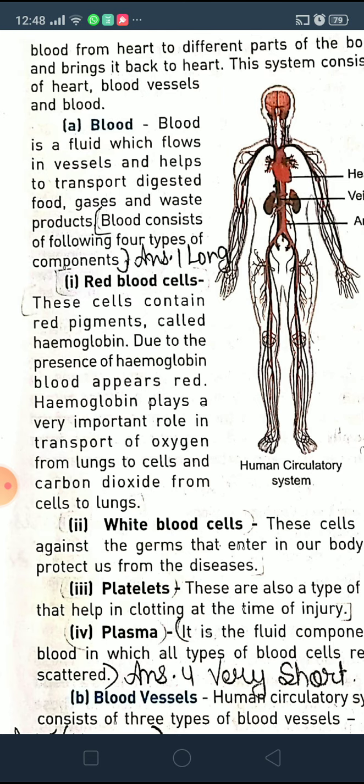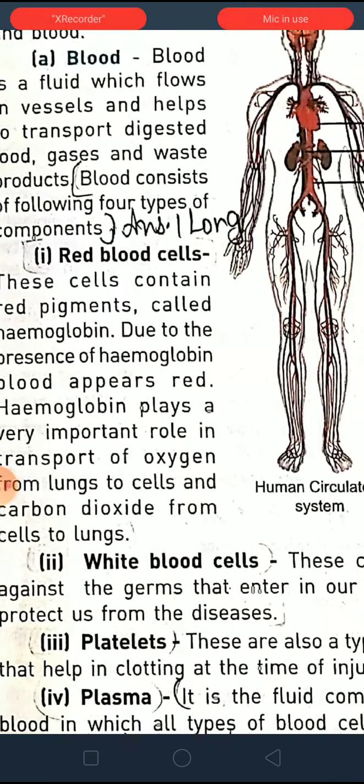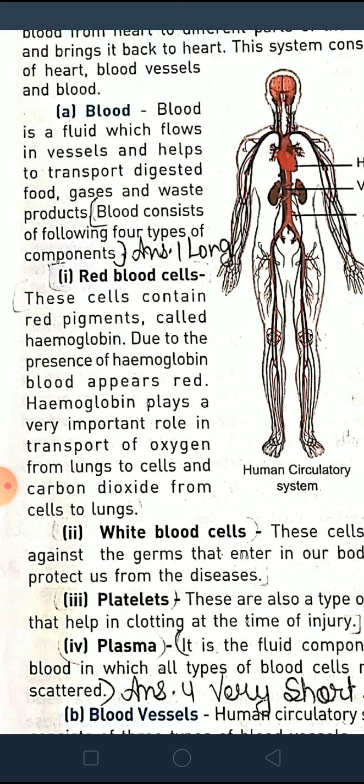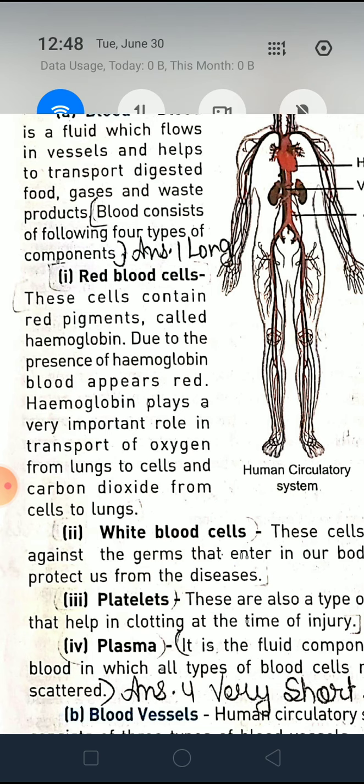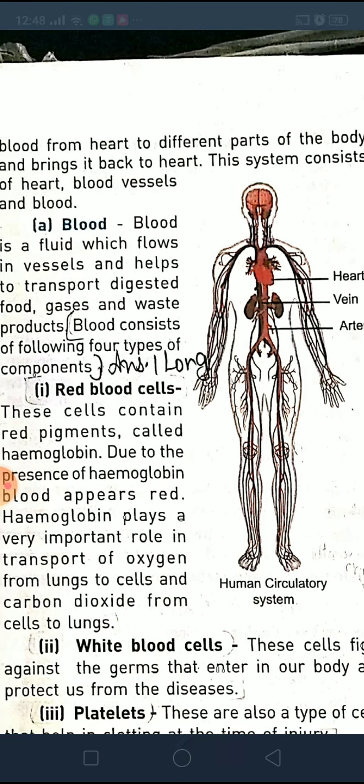First is RBC, red blood cells. You can see when blood comes out of any part of our body after a cut, its color is red. Actually it is because of RBCs. These cells contain red pigment.